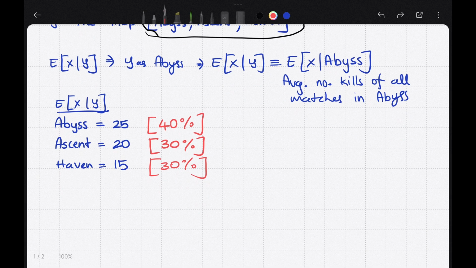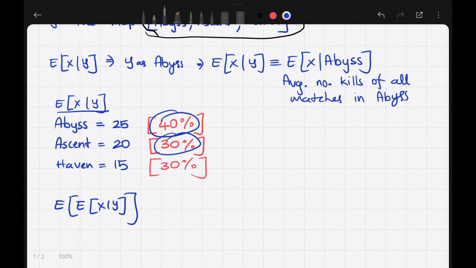Now, if we look at what the expected value of X given Y should give us, it will basically be these percentages that you spent multiplied by this, right? Because this is X given Y, and these are the weights that you have to take.